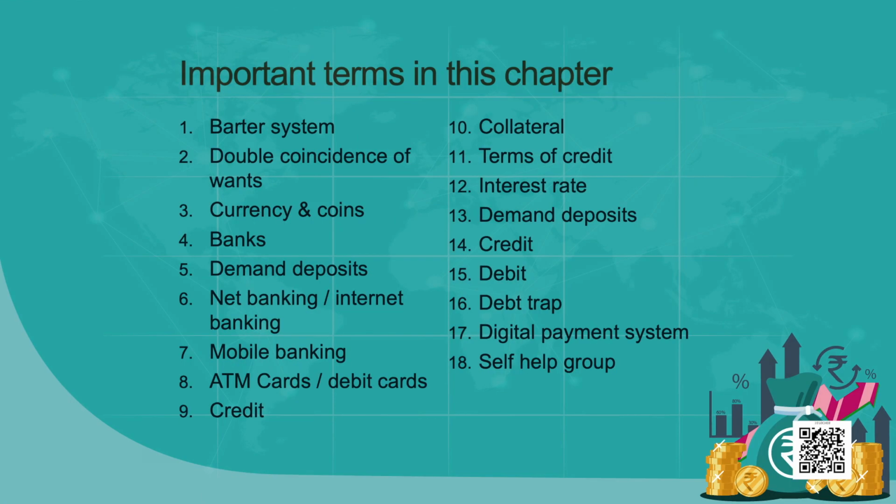Barter system, double coincidence of wants, currency and coins, definition of money, banks, net banking, internet banking, mobile banking, ATM cards, debit cards, credit cards, collateral, terms of credit, interest rate, demand deposits, credit, debit, digital payment system, and self-help groups.